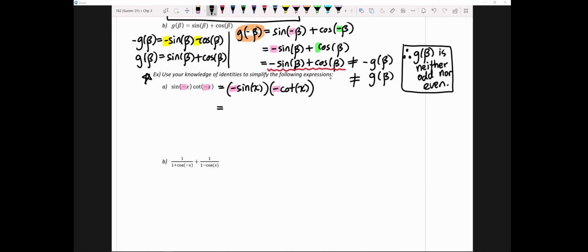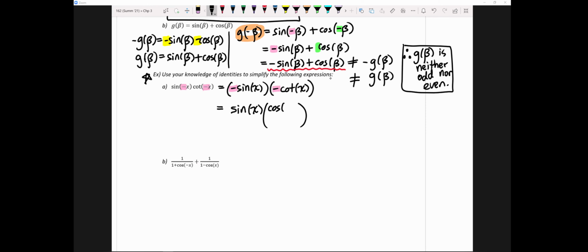Negative times negative is positive, so now we have sine of x times. Jacob, what is the identity for cotangent? We want to change everything in terms of sines and cosines to simplify further. It would be cosine of x over sine of x.